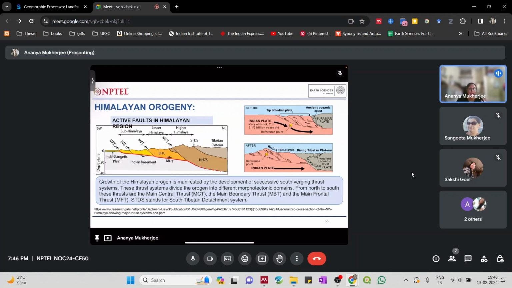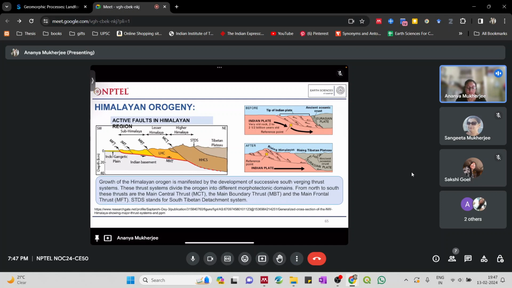One very important, significant feature formed due to the collision between two continents is the Himalaya. It was between the Indian landmass and the Eurasian landmass. Because of this collision, most of the features formed are faults. These are called thrust faults.